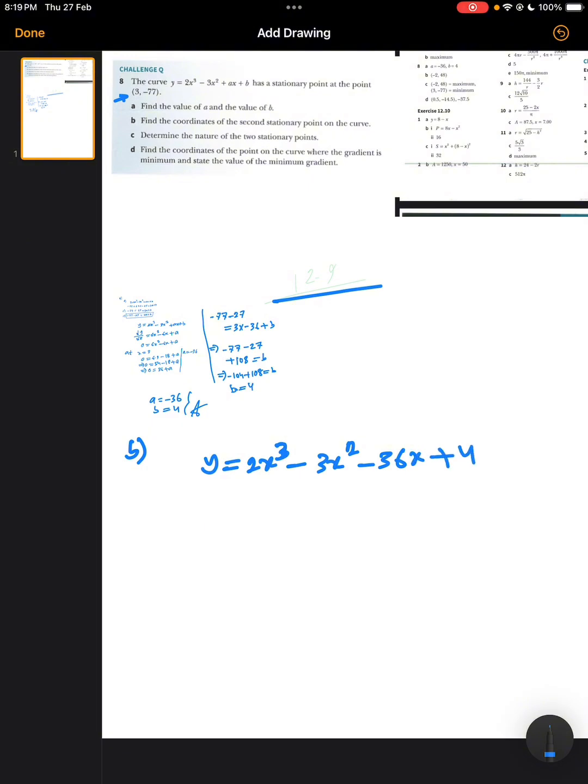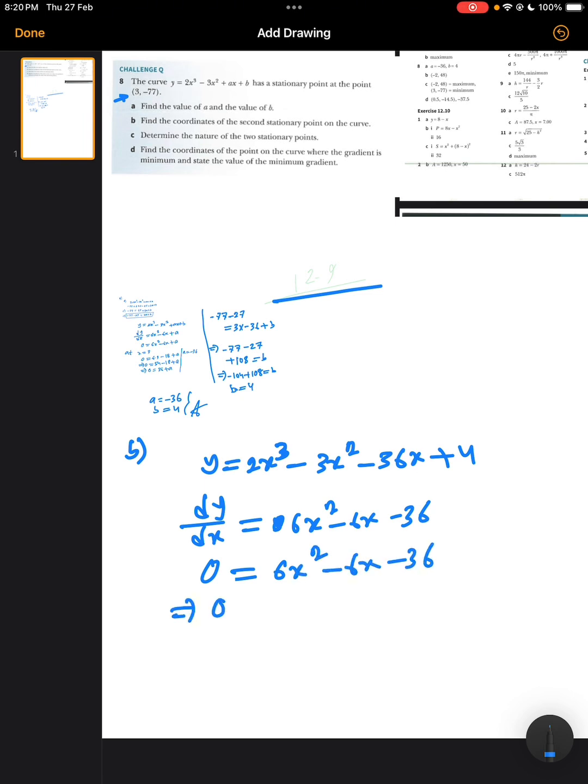The first differentiation would be 6x² - 6x - 36. For a stationary point, it would become 0. So 6x² - 6x - 36 is equal to 0. So we can write it as x² - x - 6.